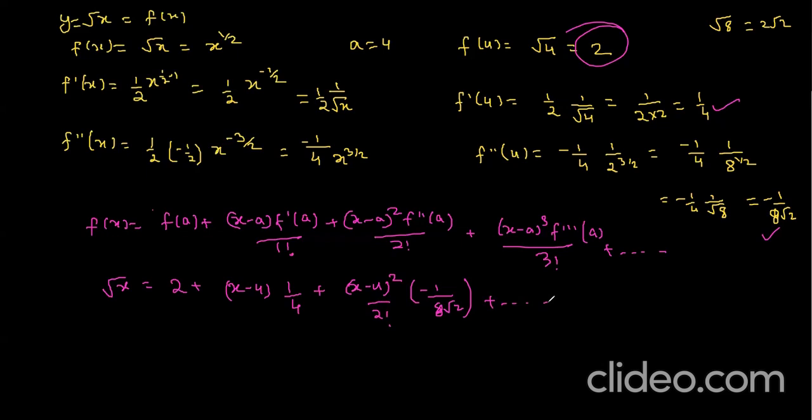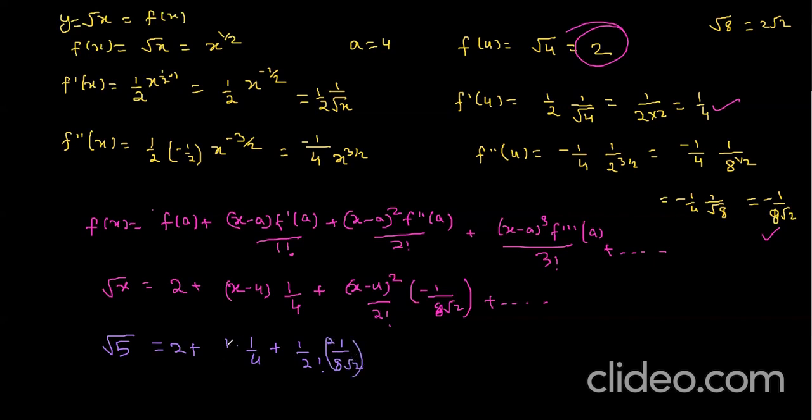Okay. And you are also asked to find root 5. So when x is replaced by 5, it becomes 2. 5 minus 4 is 1, right? 5 minus 4 is 1. Okay.